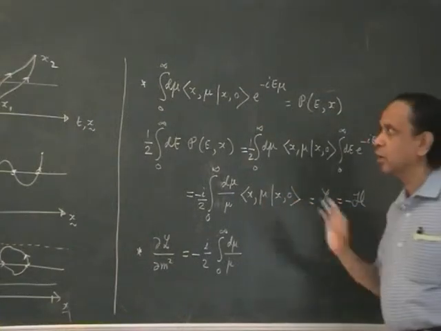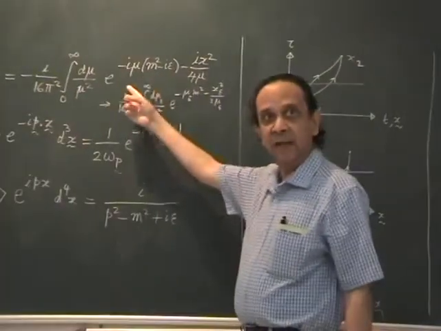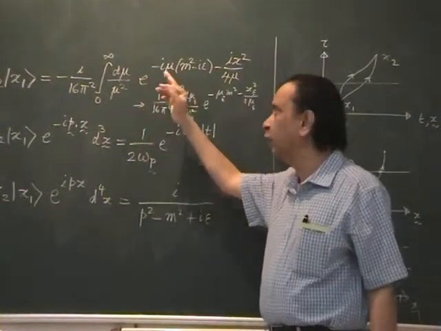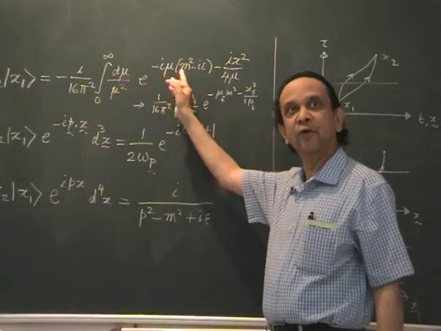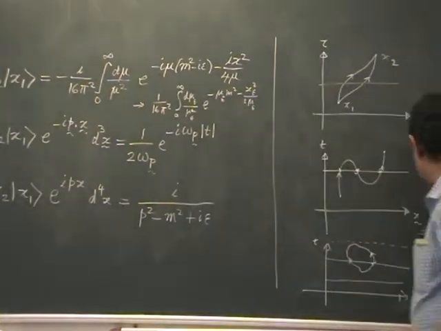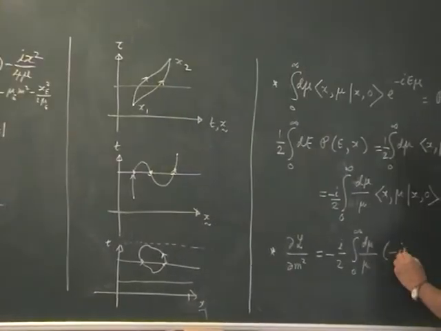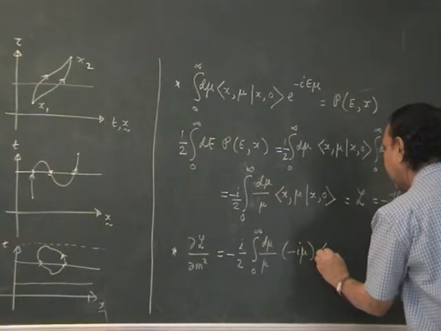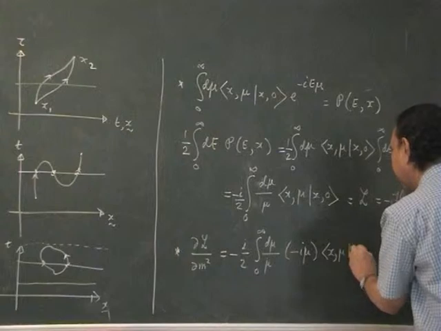Okay? What is this quantity? This quantity is essentially everything on this part. If I do a derivative with respect to m squared, I will just bring down a minus i mu times the same quantity. So I am going to write minus i mu times the same quantity, which is x mu x still.